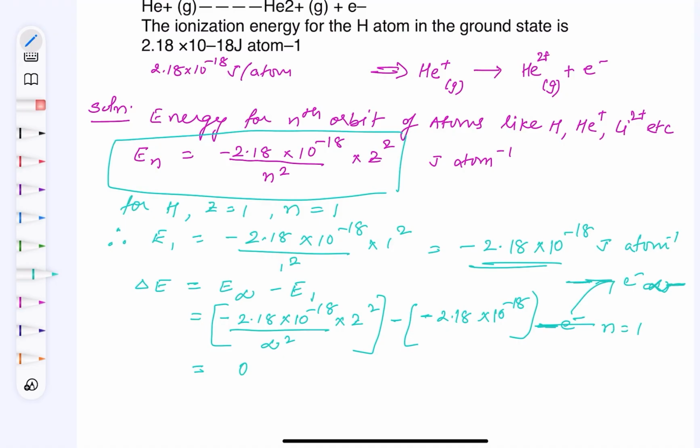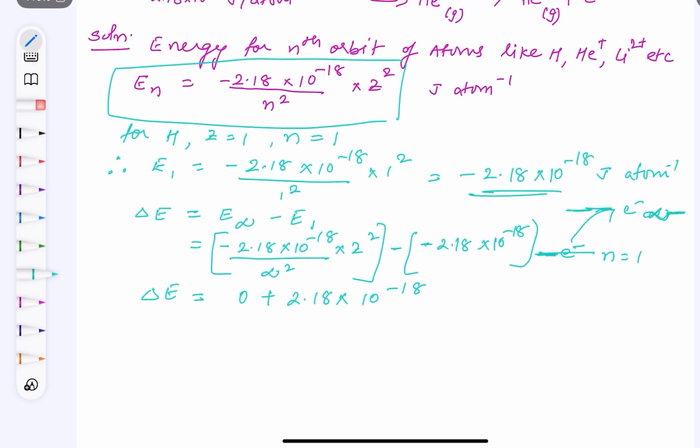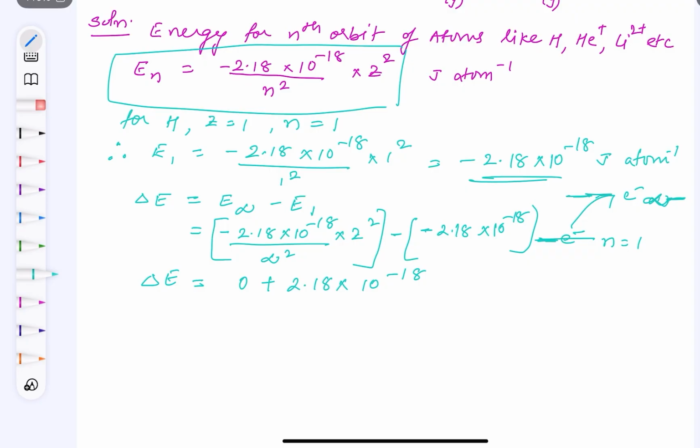The full term in the numerator when divided by infinity will be 0. So here you will have 0, and minus and minus will become plus. Ultimately you will have energy as 2.18 into 10 to the power of minus 18. That is your ionization energy, which is already given to you in the question. This 2.18 into 10 to the power of minus 18 was given for the hydrogen atom.